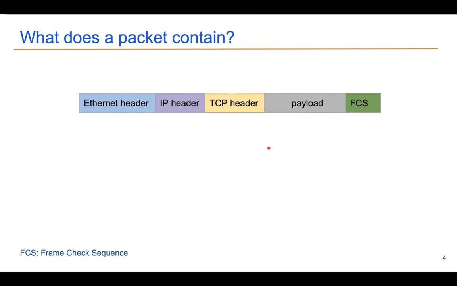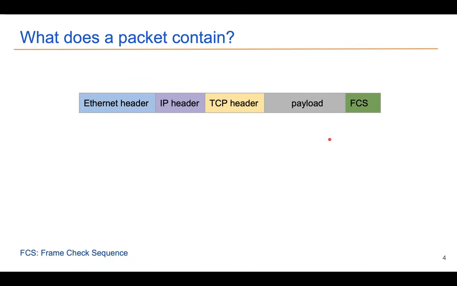Sorry to bore you with another known fact. You can see an example TCP packet here. It consists of an Ethernet header, IP header, TCP header, application data, and the Ethernet frame checksum. The checksum allows us to detect whether the packet has arrived correctly or has been corrupted on the way within the network.